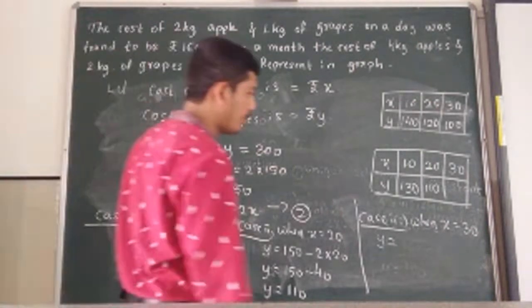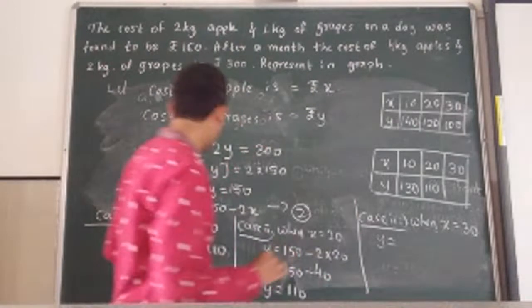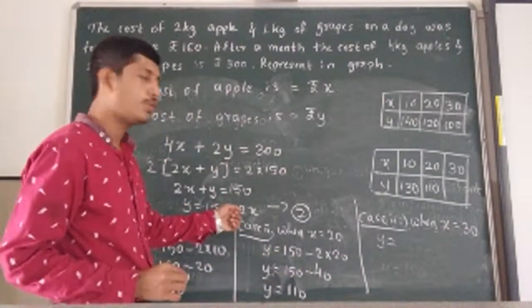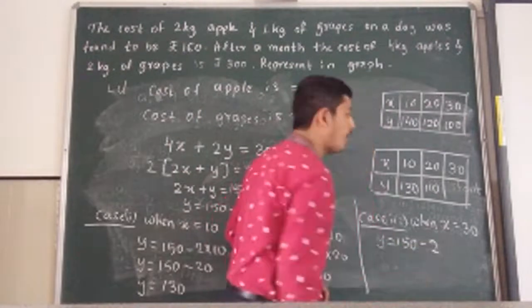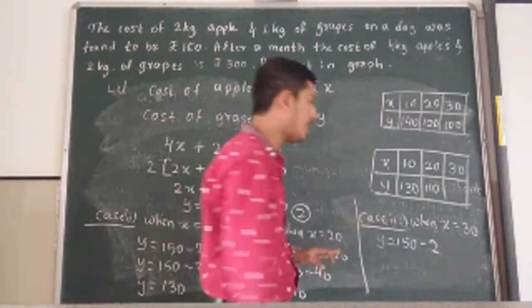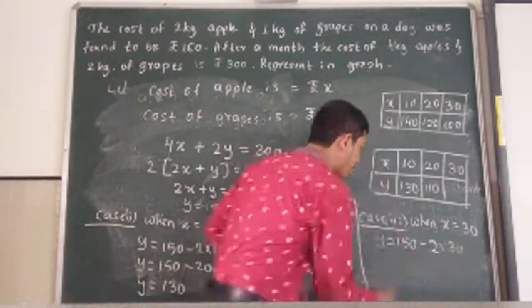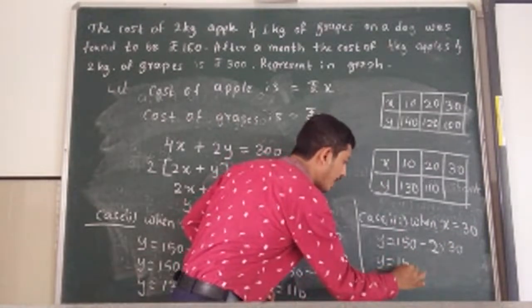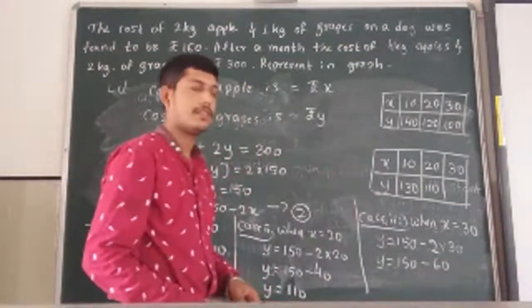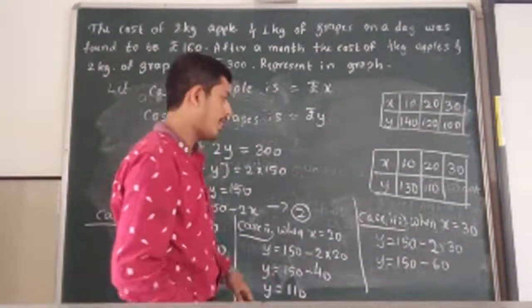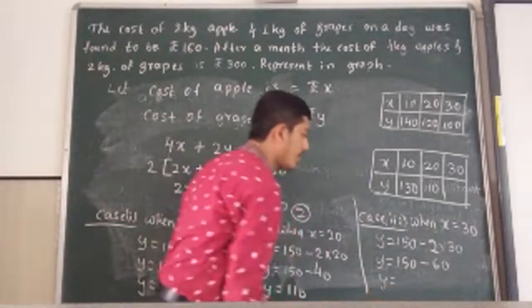So I substitute here. Our expression is 150 minus 2x. So y equals 150 minus 2 and the value of x is 30. So therefore it becomes y equals 150 minus 3 times 2, 60. Then the y value becomes 90.